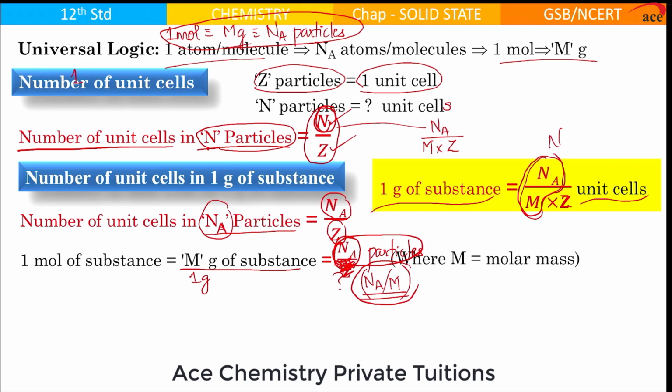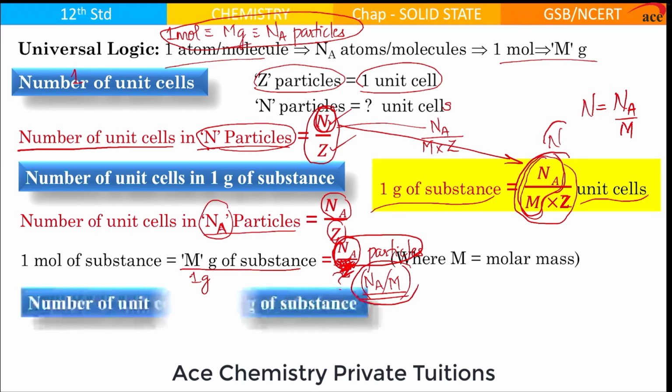So, you can learn this formula also: it is Na/(M×Z). Remember, number of particles present in 1 gram is actually Na by molar mass. So, only in the place of n we have put Na/M and divided by Z.